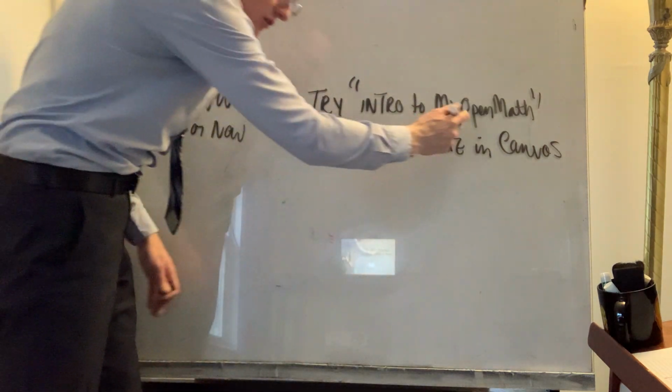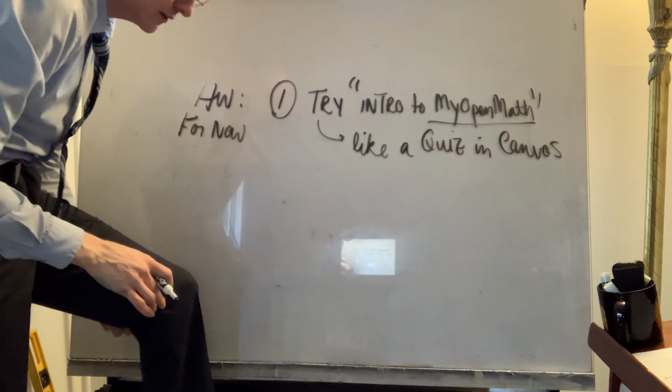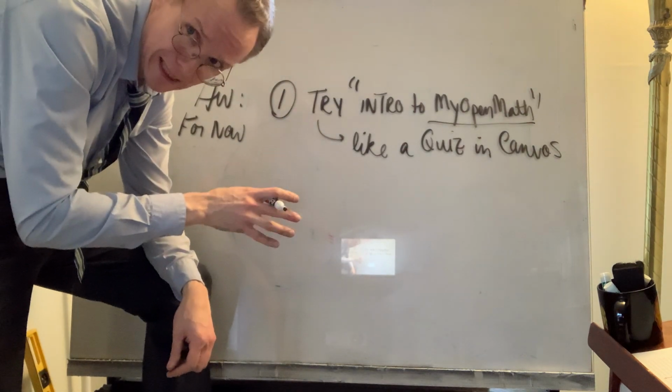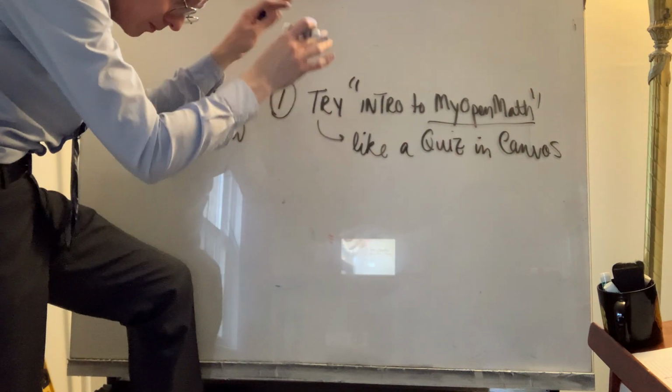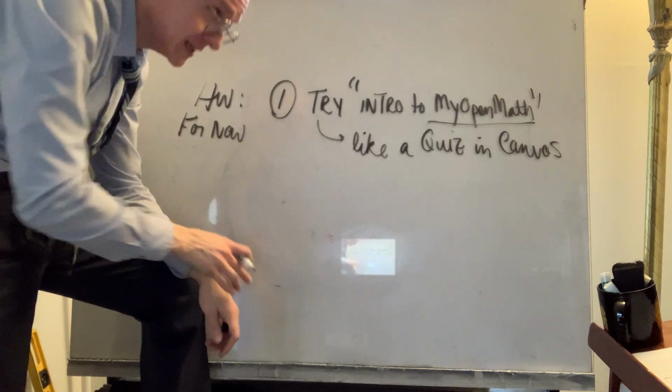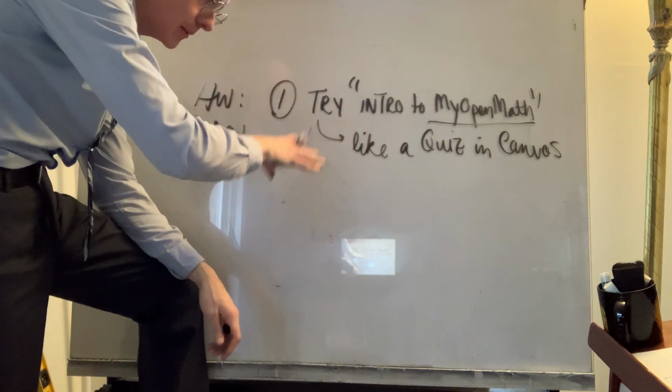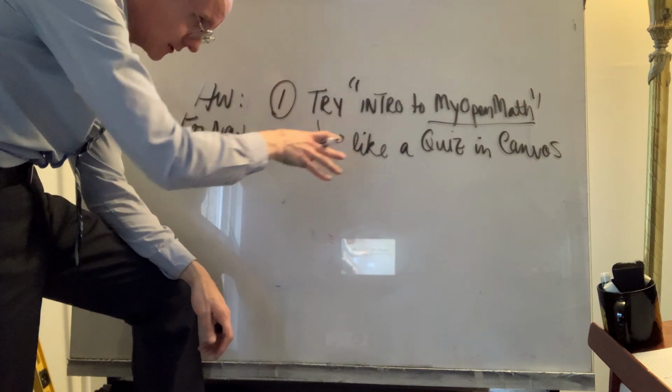This particular software is nice in theory because it's free, but it's kind of finicky how it likes you to enter information. So this is a good use of our time to get acclimated to using it.